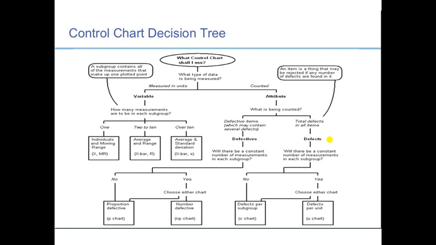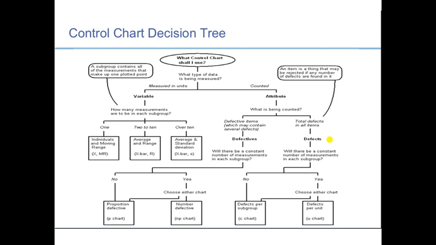If it is continuous data, then we have to go to the variable chart. Then the next question comes: how many measurements are to be in each subgroup? A subgroup contains all the measurements that make up one plotted point. So it is 1, or 2 to 10, or more than 10.